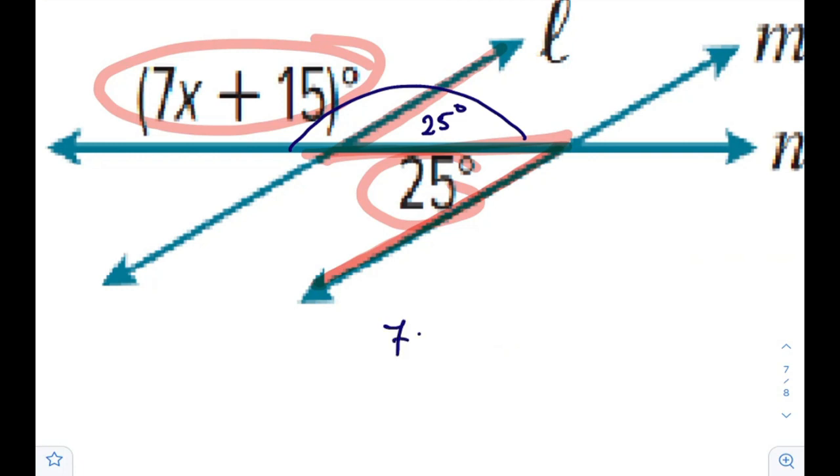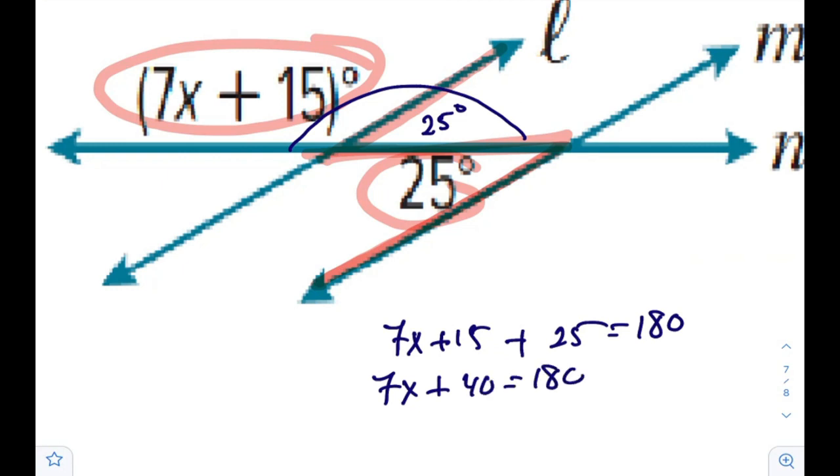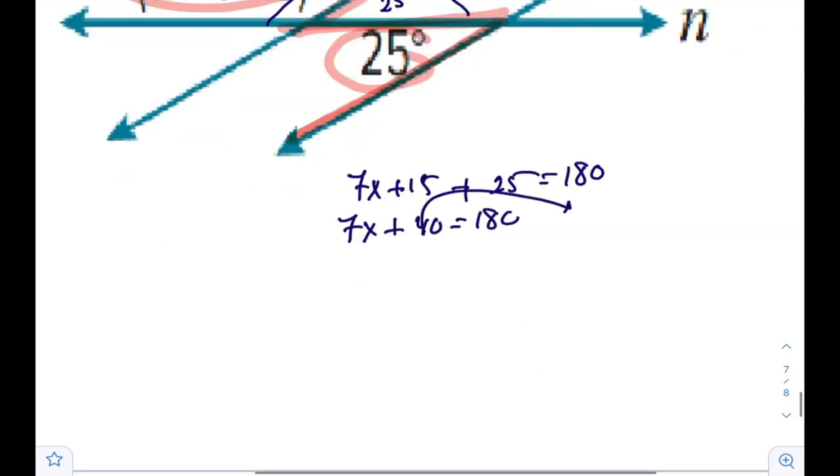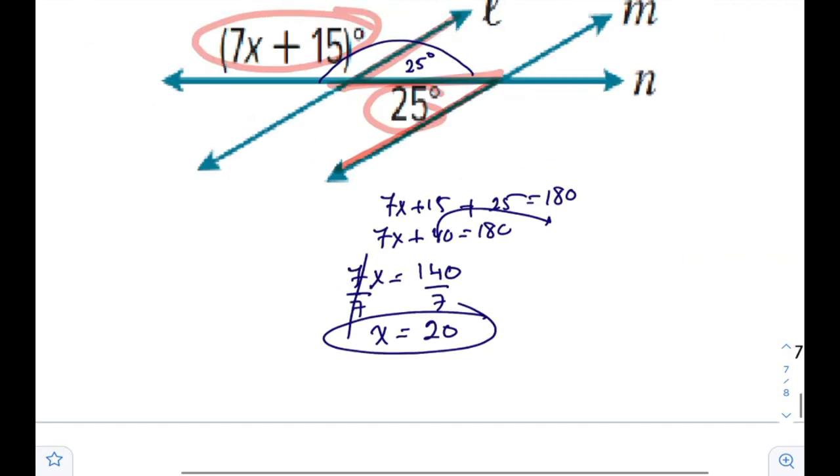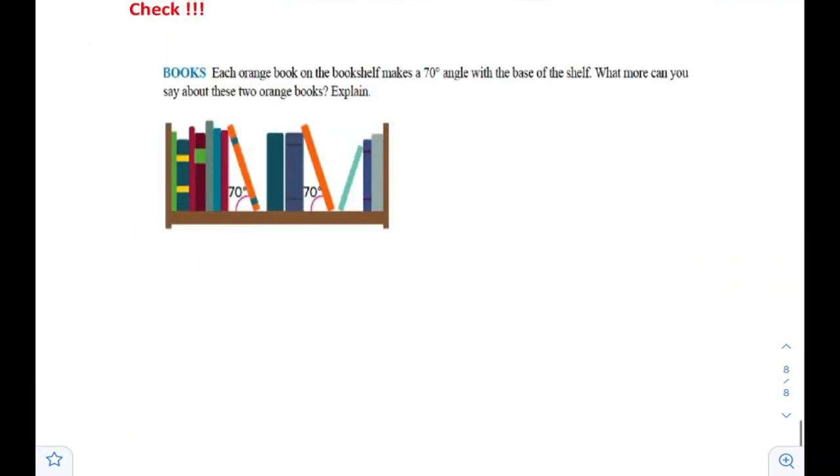So by linear pair, 7x plus 15 plus the 25 is equal to 180. So 7x plus 40 equals 180. 7x is 180 minus 40, and dividing, x is 20. Easy questions.